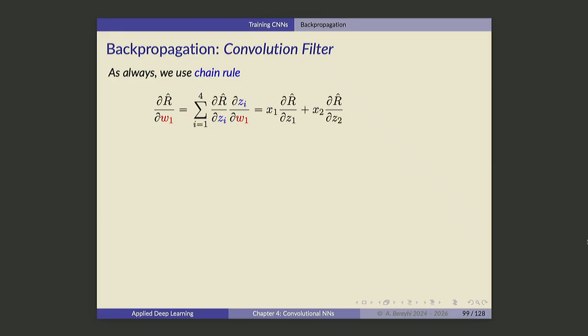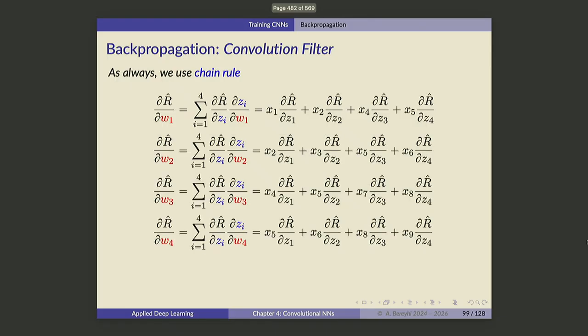Gradient of Z2 with respect to W1 is x2. Z3 with respect to W1 is x4. Z4 with respect to W1 is x5, right? And you can keep writing down everybody else in this form, right? Everybody's cool? Questions? No question?